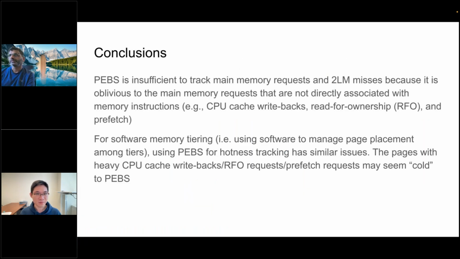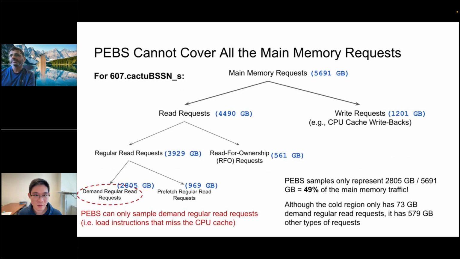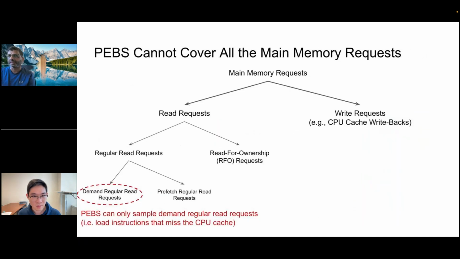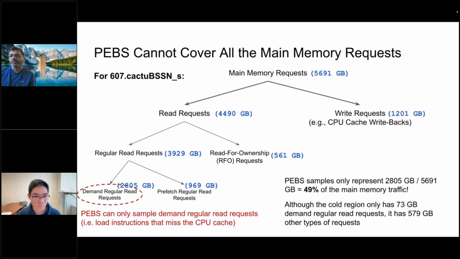Thanks, Daniel. So Johan, can you please go back to the earlier slide? If I look at this slide, the flow chart at the bottom left, PEBs captures only the demand regular read requests. Now we are talking about the main memory here. This whole discussion started in the context of CXL memory. We want to track hot pages on CXL memory, right?